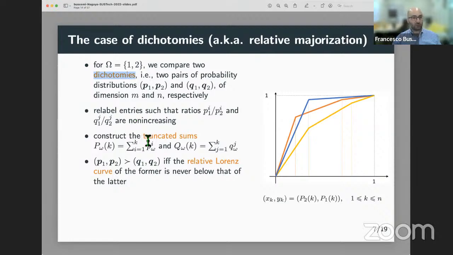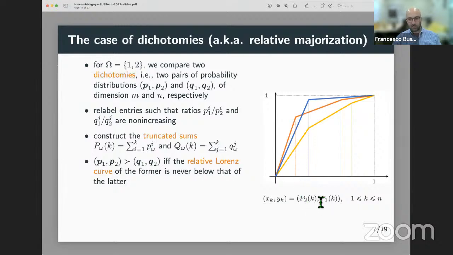And now again, you construct these truncated sums, these kind of cumulative functions that now will be 2 for each dichotomy. So you have a truncated sum for P1, a truncated sum for P2, and then a truncated sum for Q1 and a truncated sum for Q2. And you plot them as we did before in the majorization case.